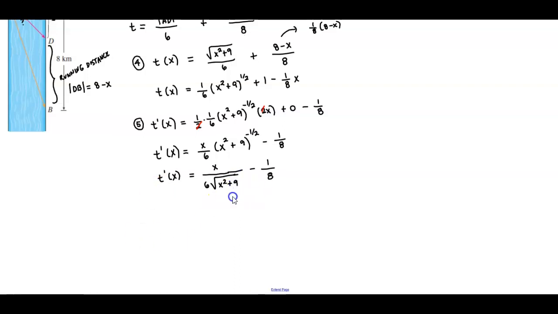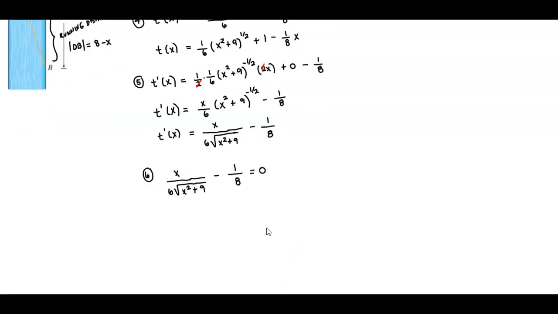Okay, so now that we have this derivative, we want to set it equal to 0 so that we can find the critical number. So we're going to take x over 6 times the square root of x squared plus 9, minus 1/8, and set that equal to 0.